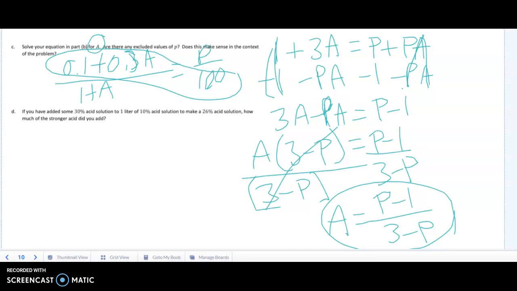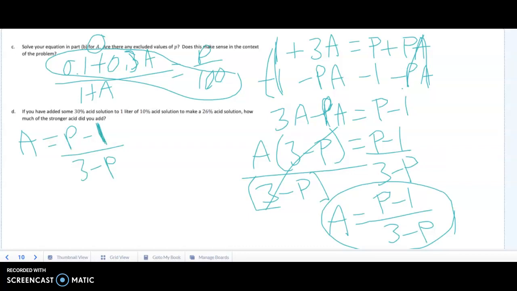So let's try that on this next one here, D. If you have added some 30% solution, so that would be the A, to 1 liter of 10% acid solution to make a 26% acid solution, how much of the stronger acid did you add? Okay. So let's just use this right here. We're going to have A equals P minus 1 over 3 minus P.